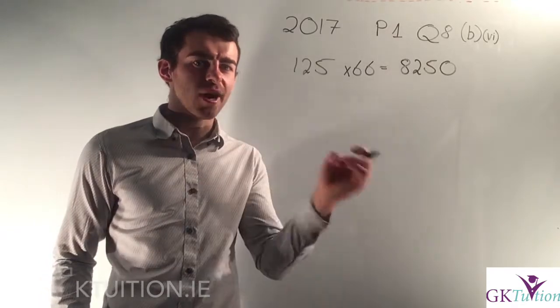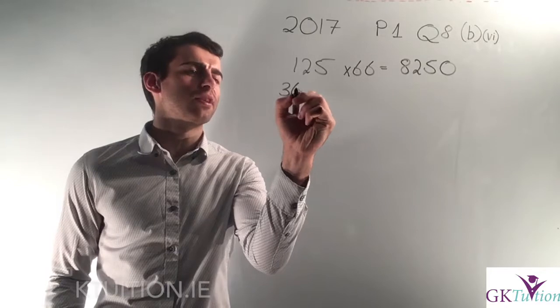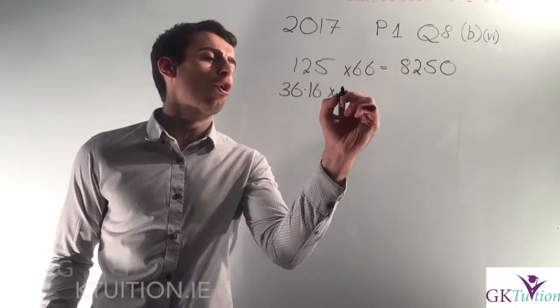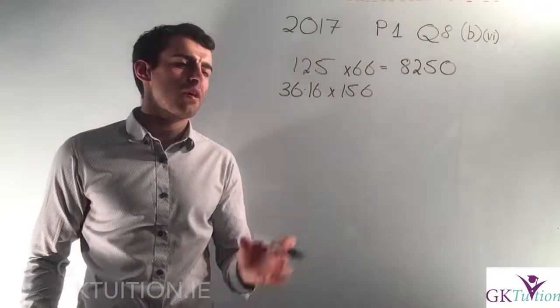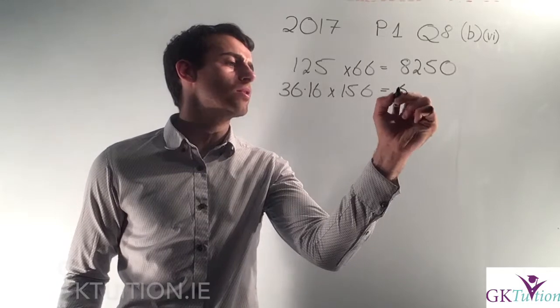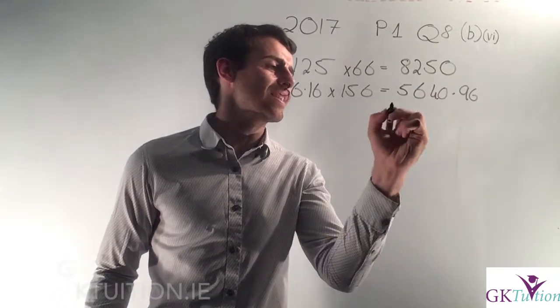However, if he pays the credit union back, we've worked out that he's going to pay €36.16 to the credit union 156 times. If he pays this much to them 156 times, that means the total amount he's going to pay them back is €5,640.96.